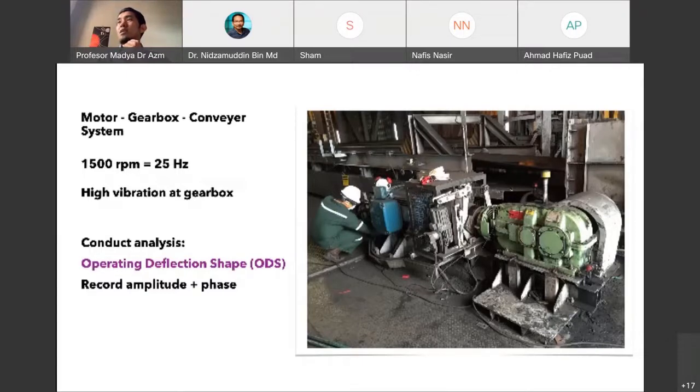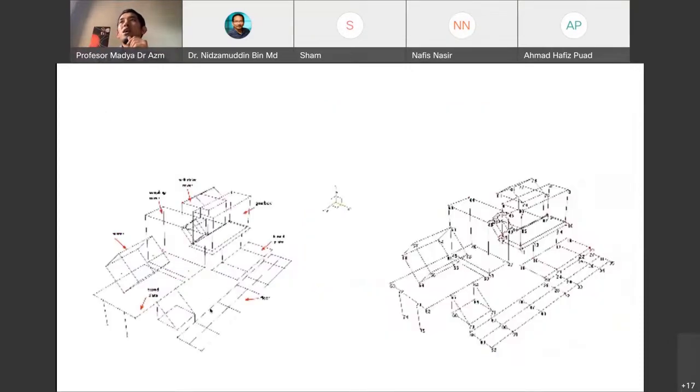This is a power plant site. So we conducted operating deflection shape, ODS, to see the behavior of the gearbox and also the motor. We record the amplitude and the phase to see the motions of the system.